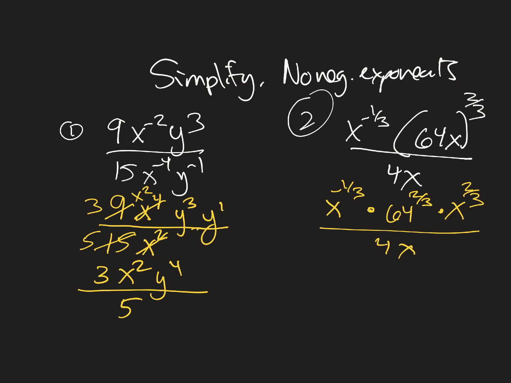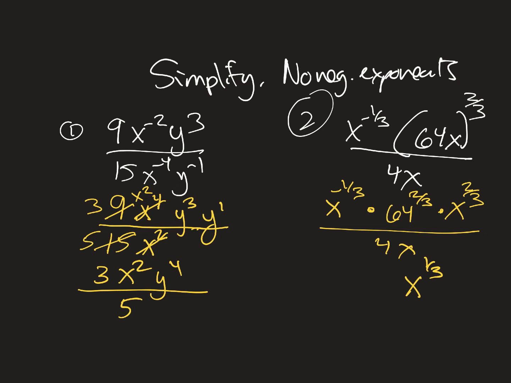Oh, wait a second. In class, I had made it x to the 1/3, I believe, but that's okay. We'll just deal with it as is here. Okay, so same base, you add exponents. So it'd be x to the 2/3 plus a -1/3, which would be x to the 1/3.